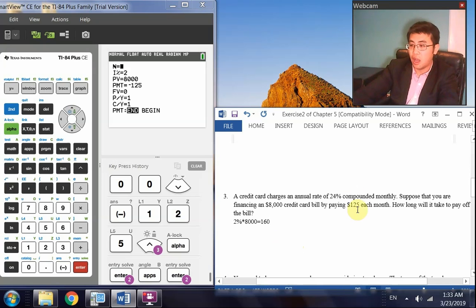So how much are you paying? $125, and the money you pay just cannot cover the interest alone, not even mentioning the principal. In other words, you can never ever pay back this $8,000 credit card bill with that payment. Does that make sense? That's why your calculator gives you an error page.